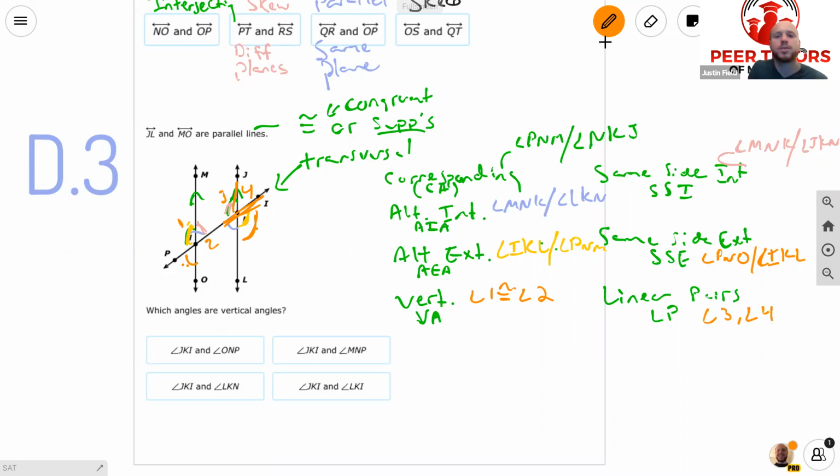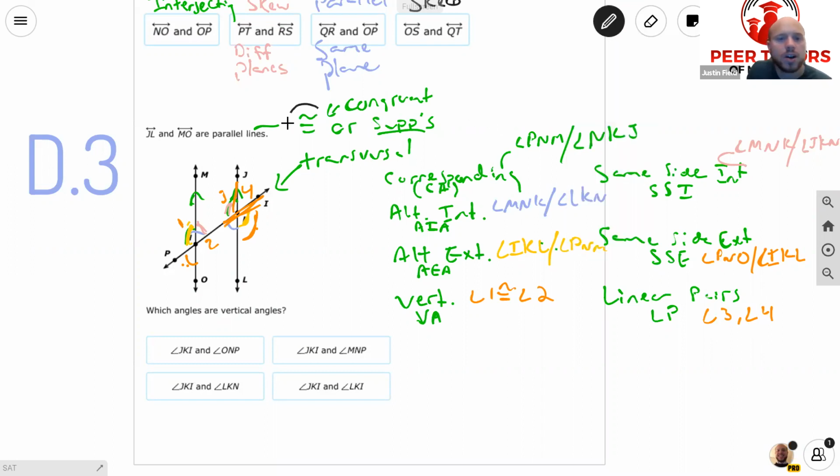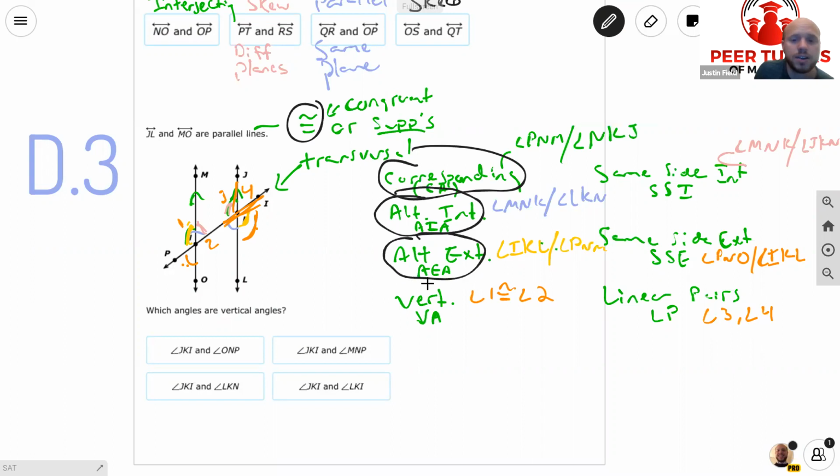All right, so now I'm going to, in black, circle all the angle pairs that are congruent when the lines are parallel. The corresponding angles are congruent when the lines are parallel. The alternate interior, the alternate exterior, and the vertical. Look at that.